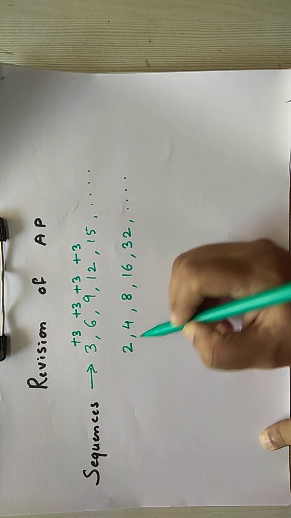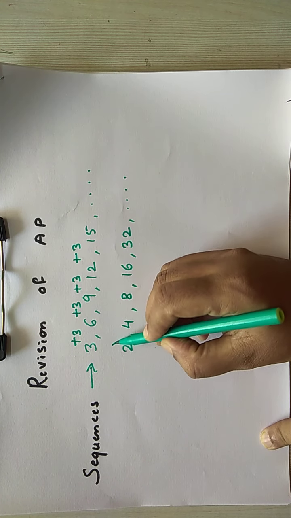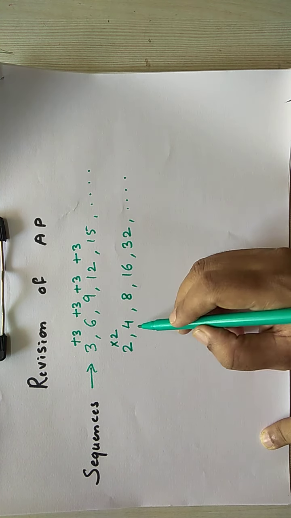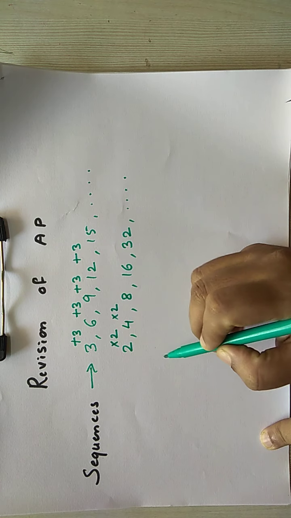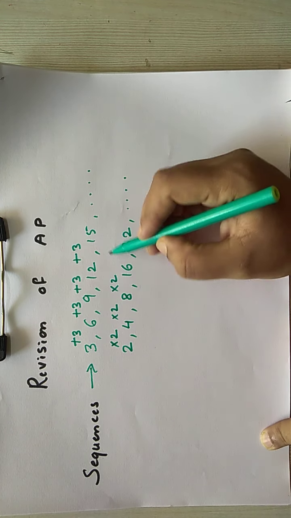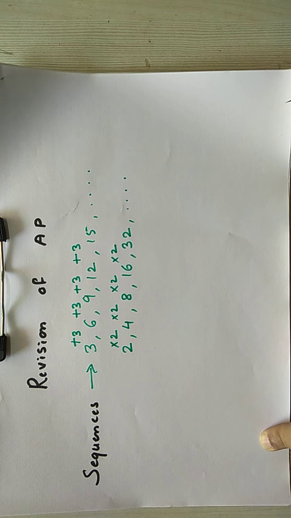Whereas in the other sequence, you multiply by 2 to get the next number. 2 2s are 4, 4 2s are 8, 8 2s are 16, 16 2s are 32 and so on.